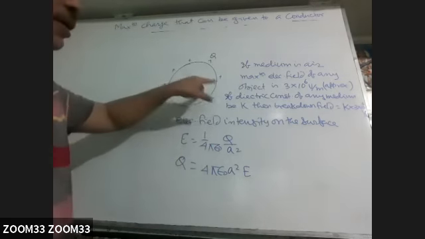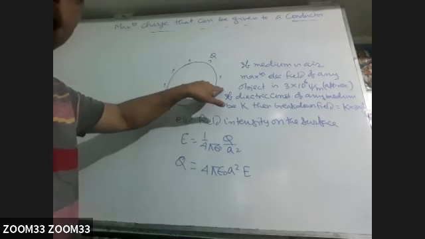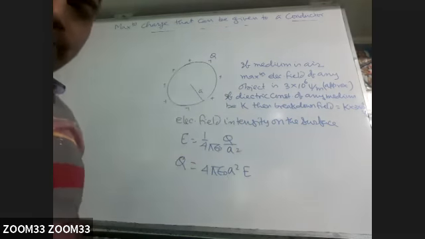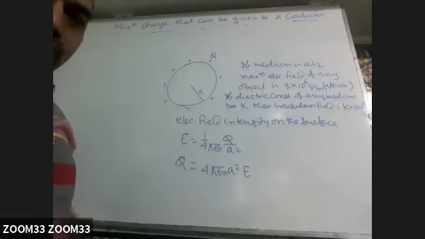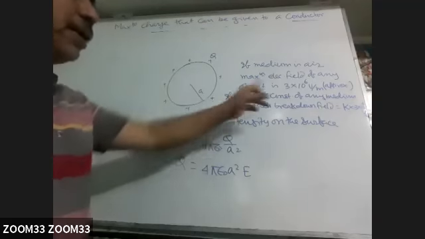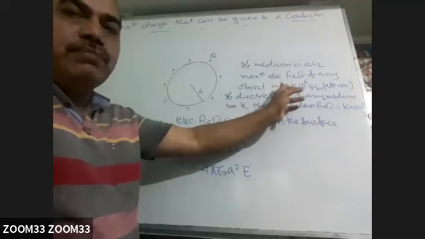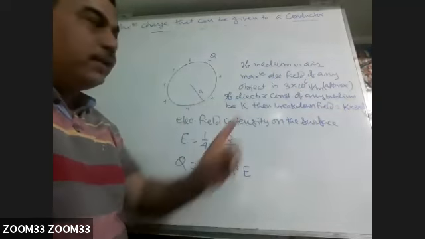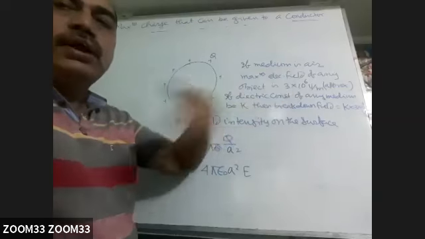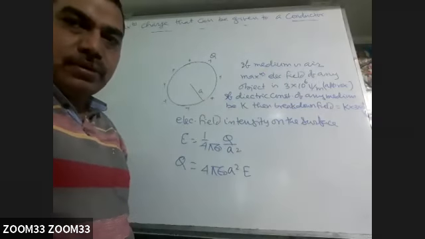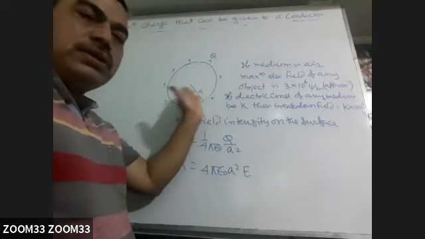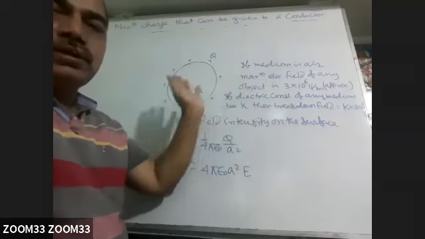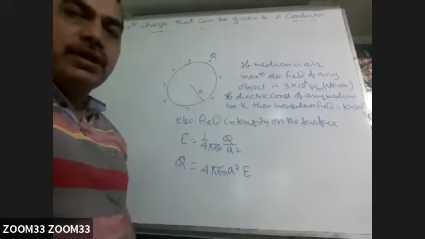That is, the air will behave as a conductor. So the insulating capacity of air is up to this much. If the field is this much, air is an insulator. If the field is beyond this, air will become a conductor, so it will start conducting the charge.